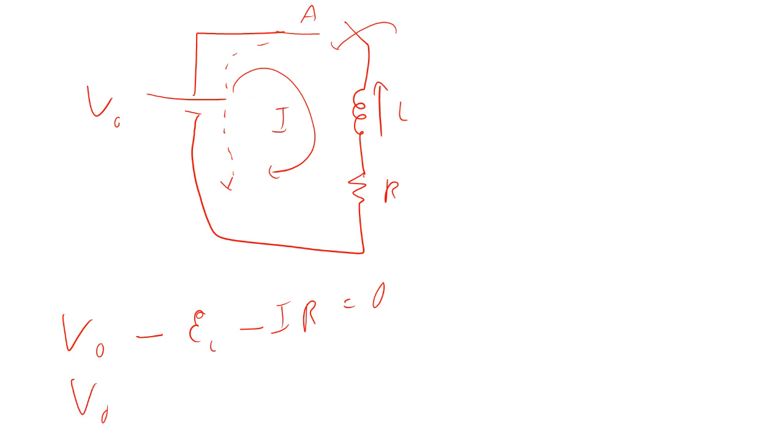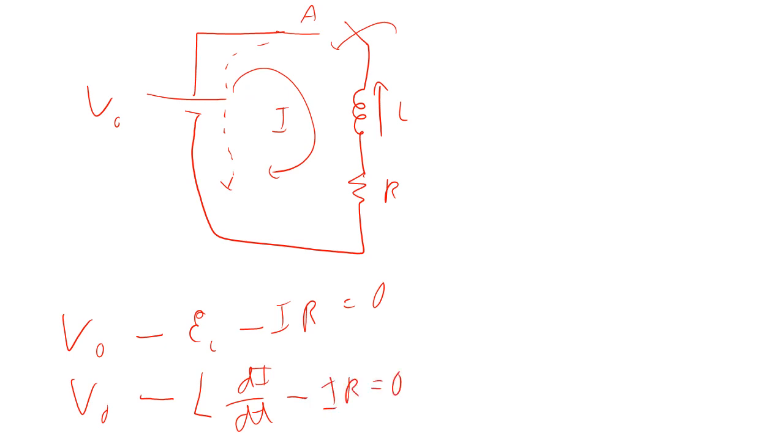So V naught minus a negative L di/dt. Well, it's actually a triple negative, because the di/dt is negative, so you need negative di/dt. The negative of the negative of the negative makes just one negative right there. And so then minus IR equals 0.